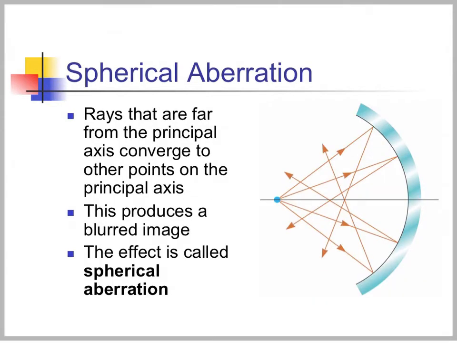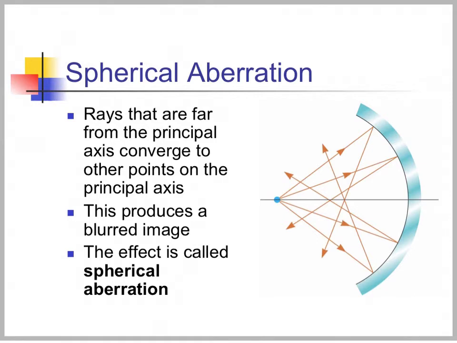One of the problems with a spherical mirror, though, is something called spherical aberration. An aberration is a distortion in the image. Rays that are far from the principal axis converge at other points on the principal axis, and it produces a blurred image.